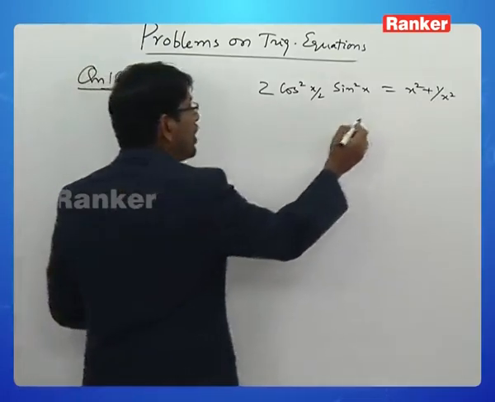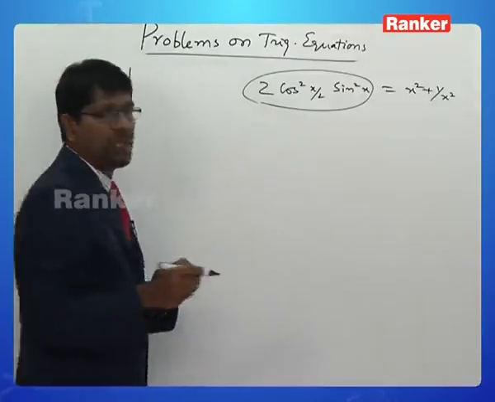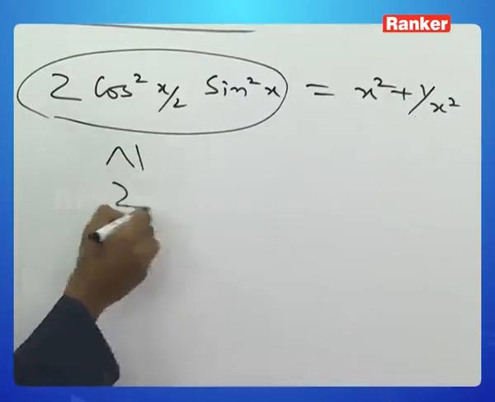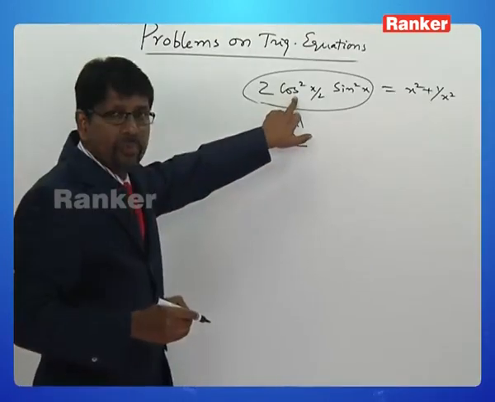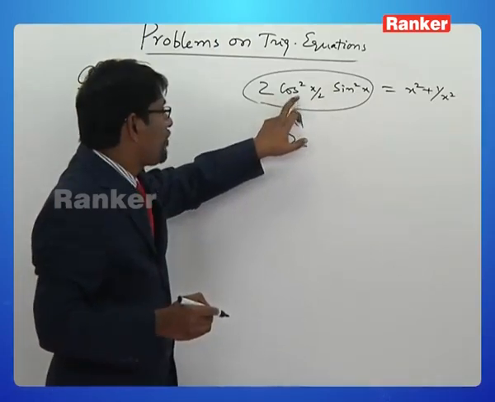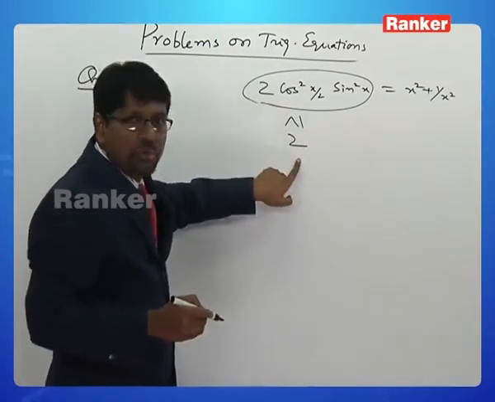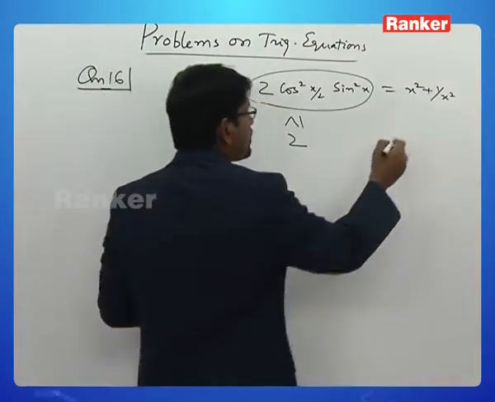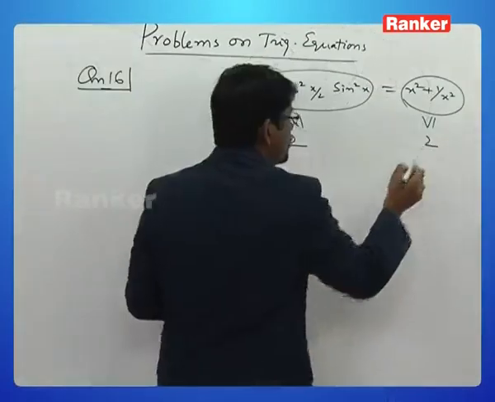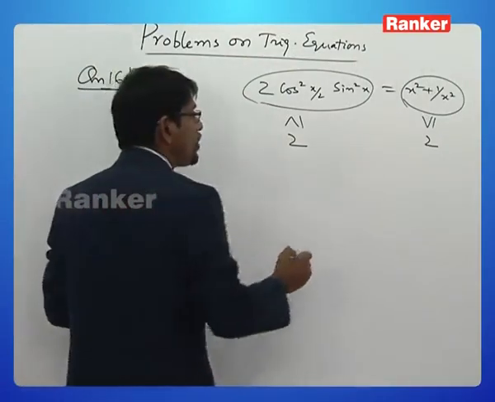This cos square x by 2 into sin square x is at the maximum 2, but the maximum value cannot exceed 2, so it is less than or equal to 2. What about the right side? This is at least 2.